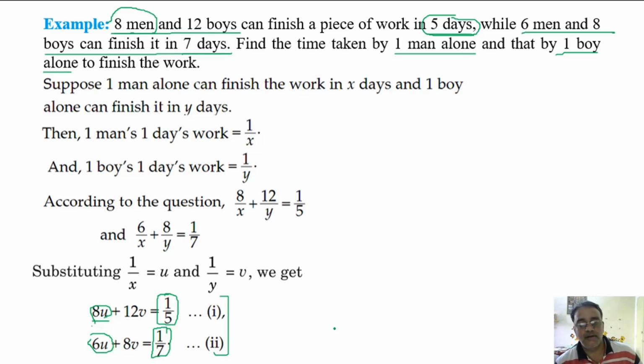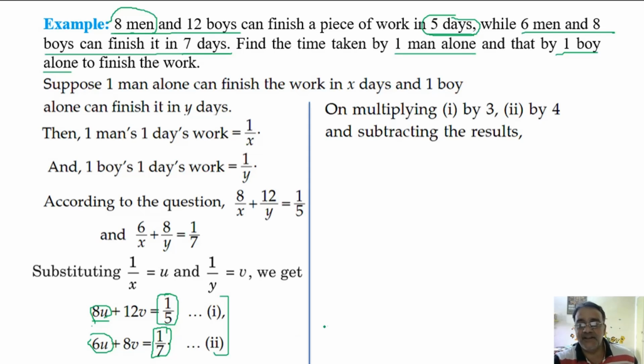We have to multiply equation 1 by 6 and equation 2 by 8. Multiplying 1 by 3 and 2 by 4, and subtracting the results we'll get.